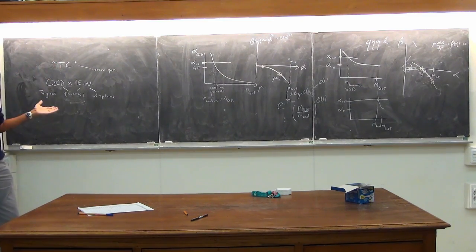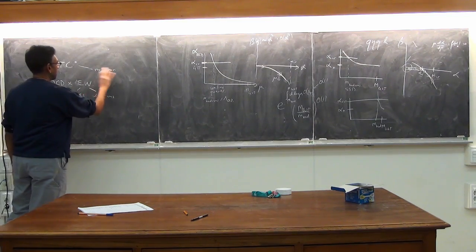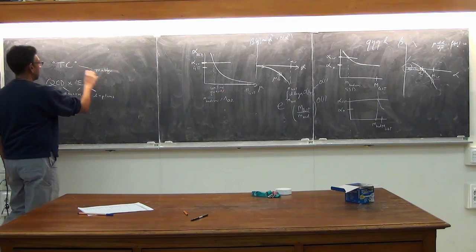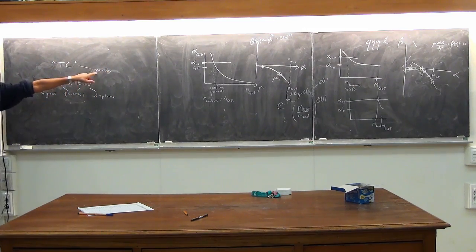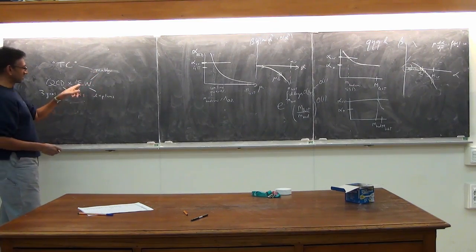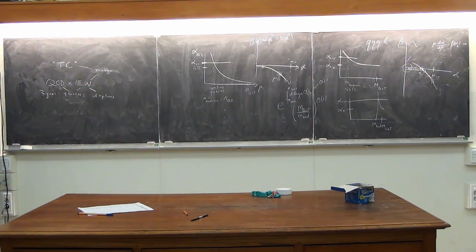We don't know the exact details. But let's say it does have to have some matter. So I'd rather say there's matter, and this line just says the matter is charged under whatever this Technicolor force is. And what's crucial about the matter is that it's also charged under Electroweak.